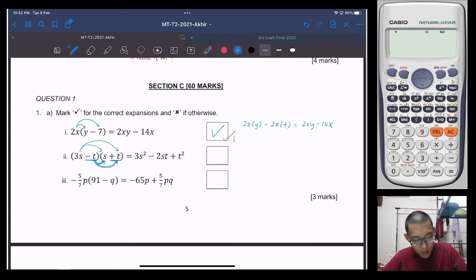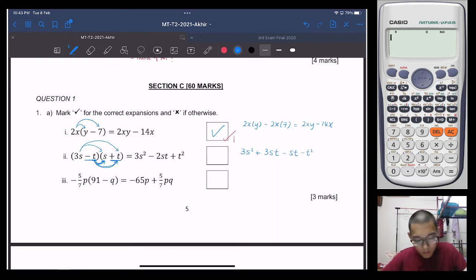So 3x times x, we have 3x squared. 3x times t, we receive plus 3xt, because positive, positive, positive. Next, we have negative t times x, so we have negative xt. The last one, negative t times positive t, we will have negative t squared.